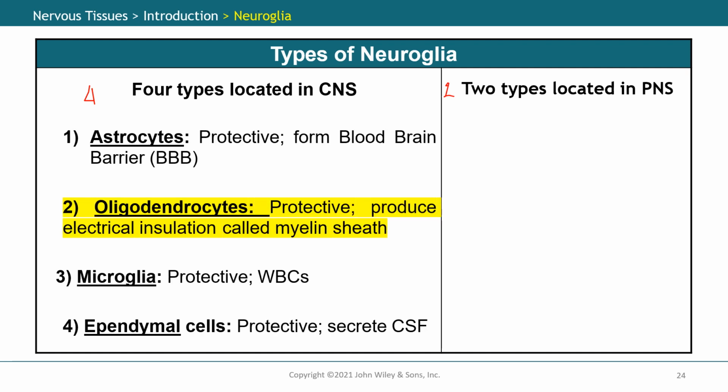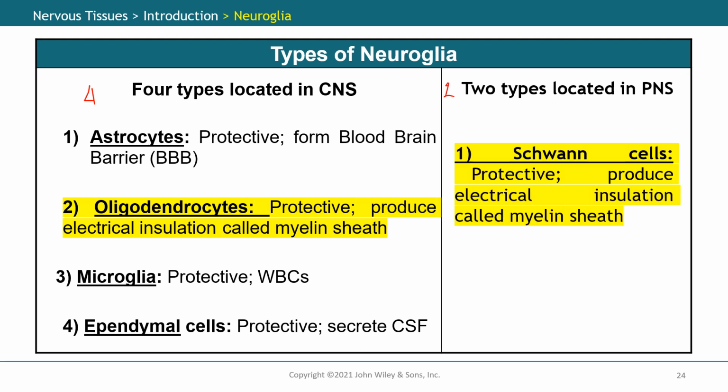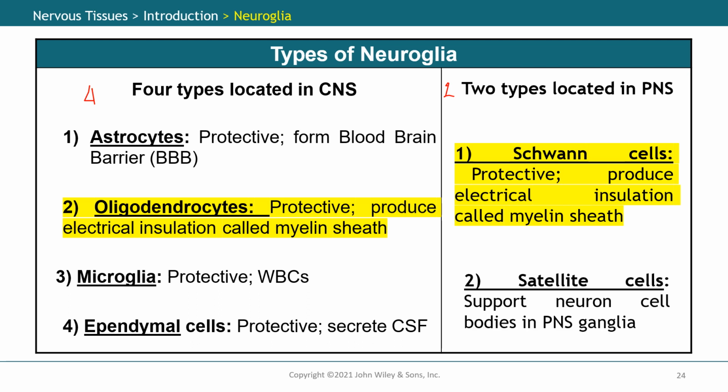Here you can find the 4 types located in the central nervous system that we talked about in the previous slide. And here you can find one that is found in the peripheral nervous system that we already talked about. The only one that we didn't talk about yet is these satellite cells, that are in charge of supporting the neural cell body.